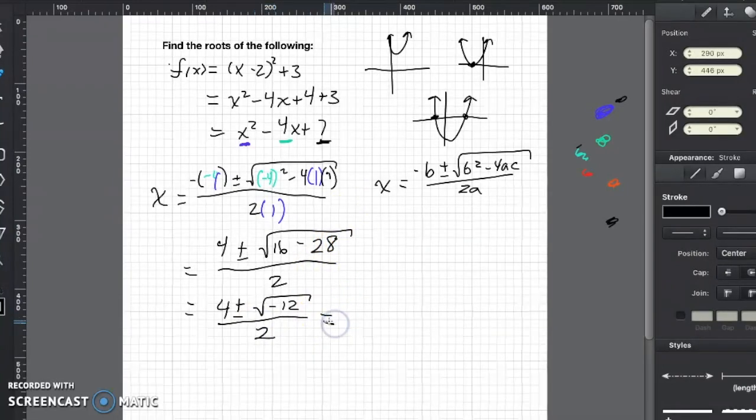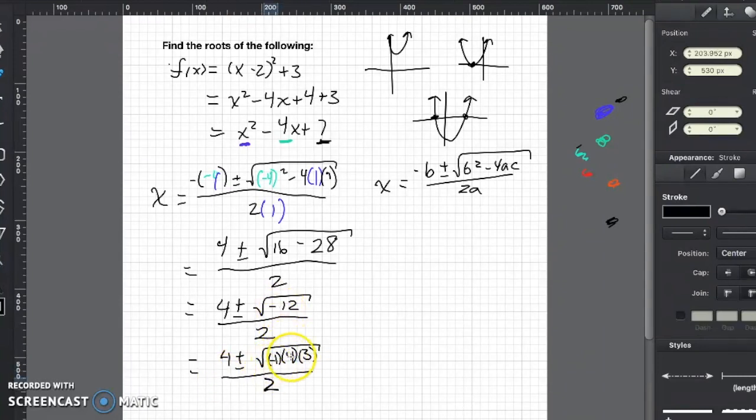At this point, let's simplify it first. So then I have 4 plus or minus. I could pull a 4 out of there. So again, I have negative 1, a 4, and a 3. I broke it up, right?